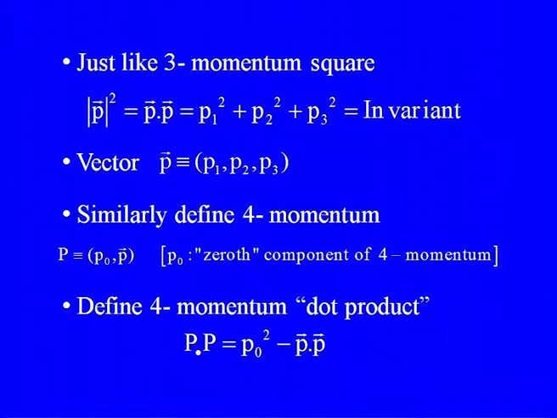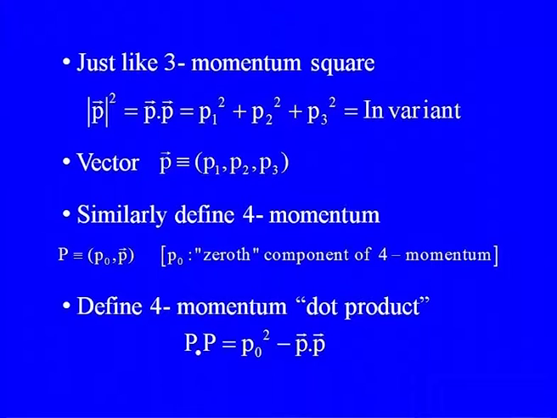Similarly, when we talk of a 4-momentum, we can also talk of something called a 4-momentum squared. And what do we get? We define a dot product for the case of a 4-momentum with the 0th component, and the other 3 components which are equivalent to the usual vector in the 3 dimensions that we all know of.